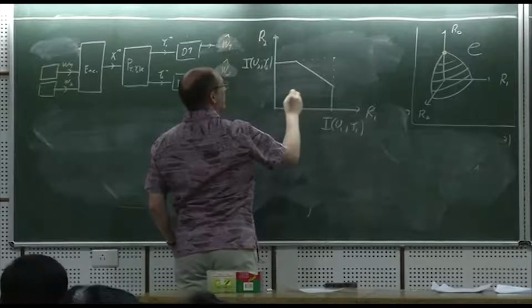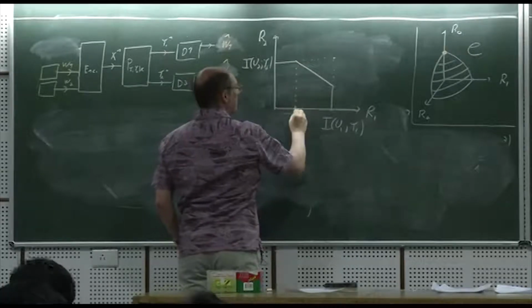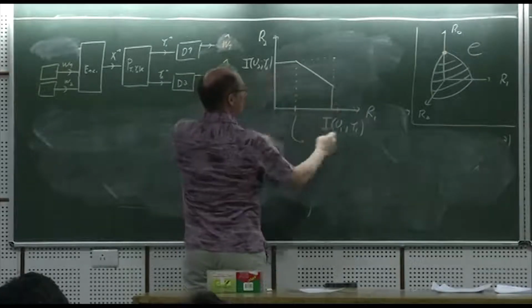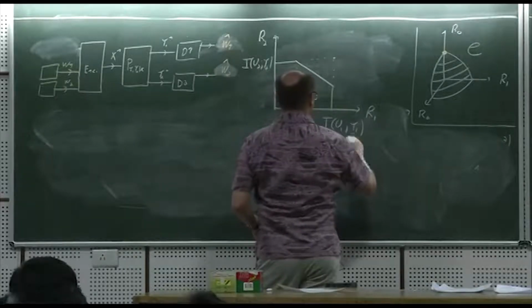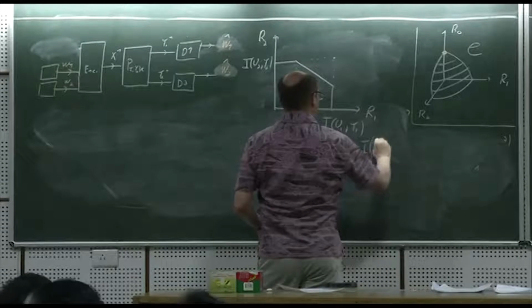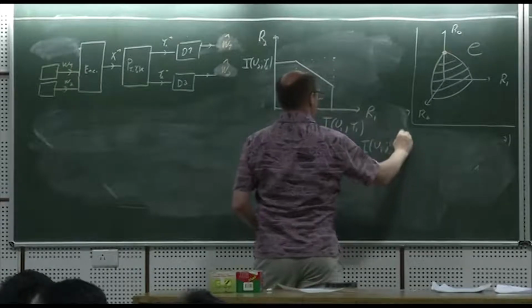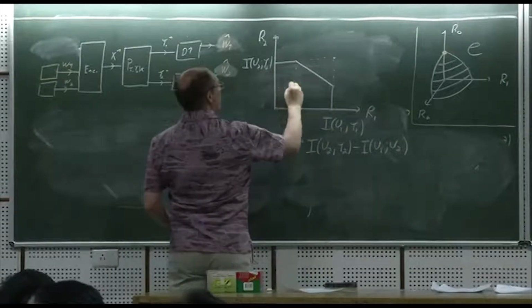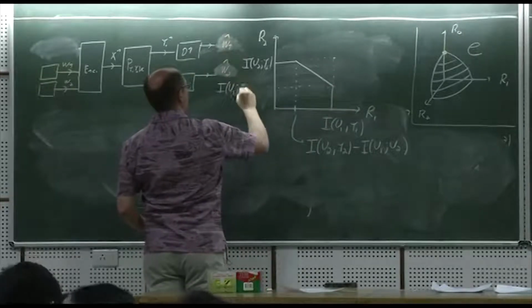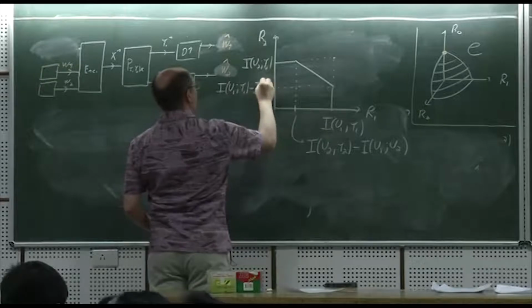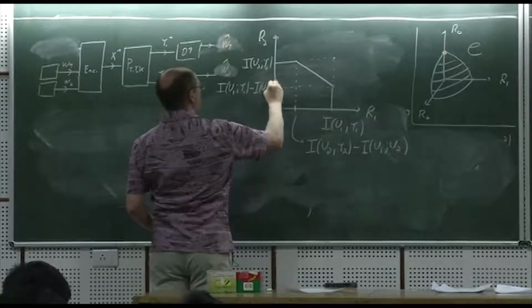And this point here is, of course, that sum minus that. So this becomes I(U2;Y2) minus I(U1;U2), right? And this point here similarly becomes I(U1;Y1) minus I(U1;U2).